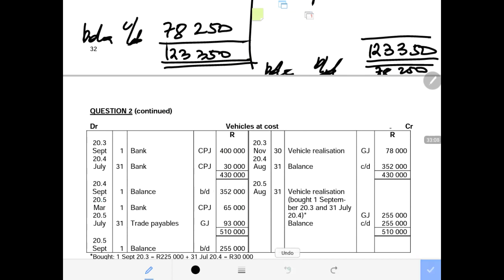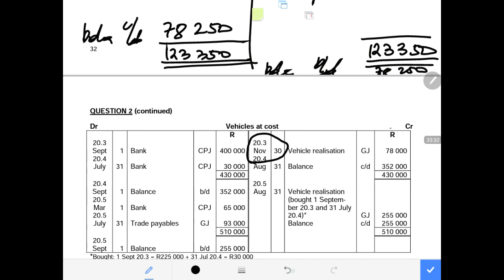But in the previous year, there was vehicle realization, meaning they sold a vehicle on 30 November 2004. Do you see that? On the 30th of November 2004, there was a sale of a motor vehicle, and it was captured and recorded correctly.